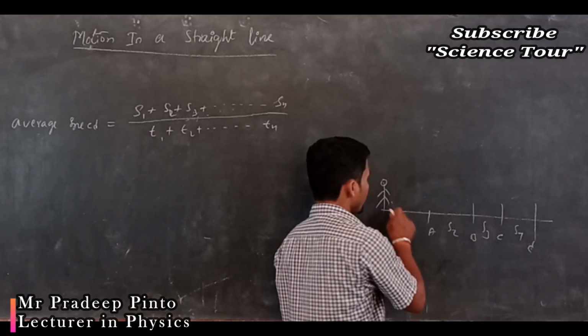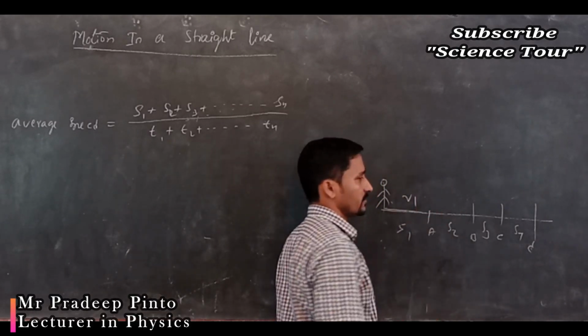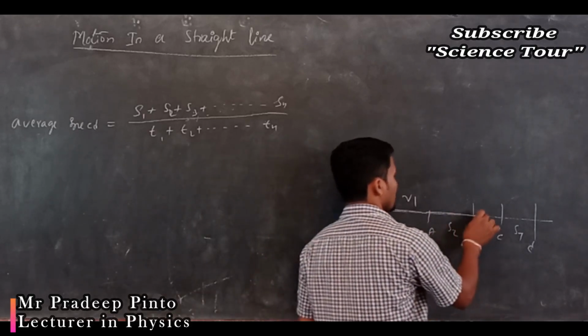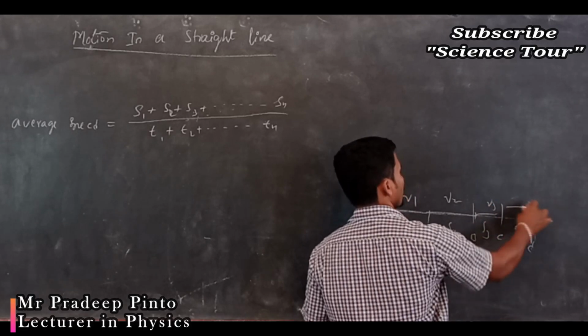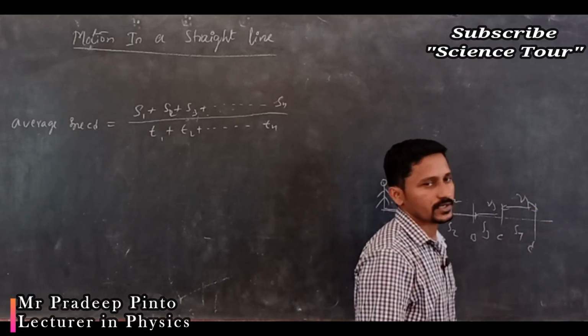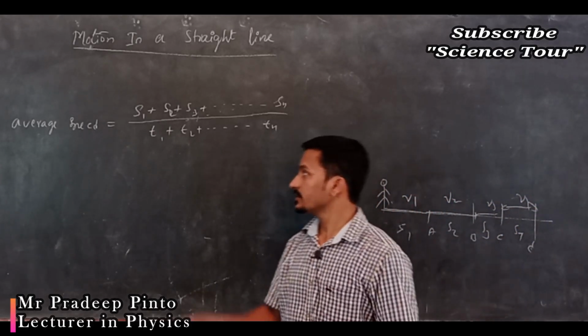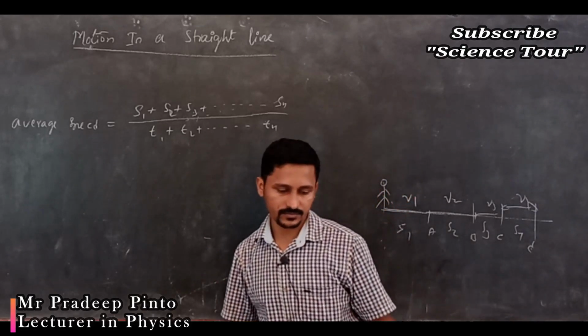Now this person moves the first distance with velocity V1, then covers the next distances with V2, V3, or speeds V1, V2, V3. Now what is the average speed? The average speed formula is this.